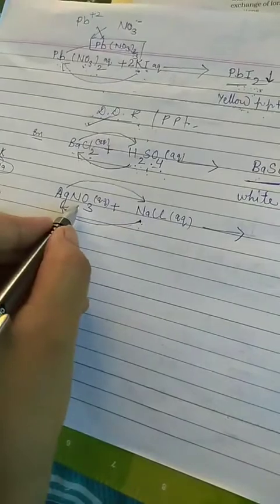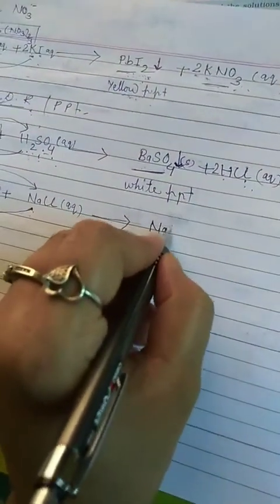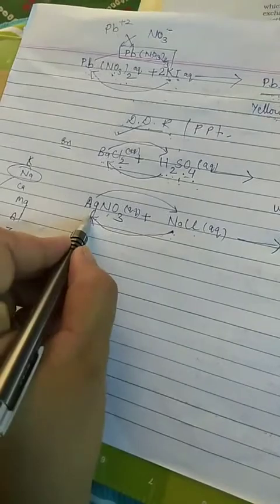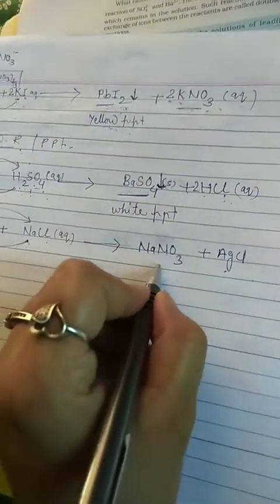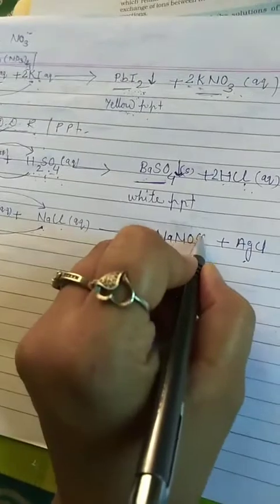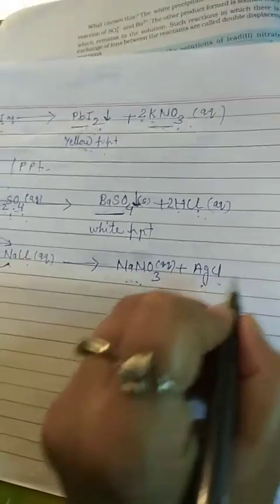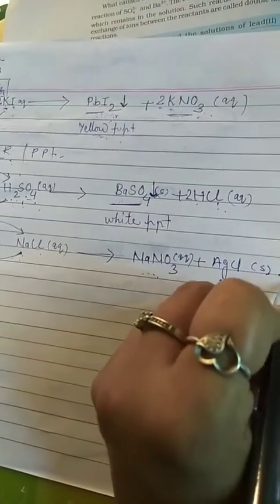It replaces the silver. So the sodium ion replaces the silver ion, and silver moves to the place of the sodium ion. When sodium reacts with the nitrate group, it forms NaNO3, sodium nitrate, and chlorine reacts with silver and forms AgCl, silver chloride. NaNO3 is an aqueous solution and AgCl is a solid, which means it is a precipitate.